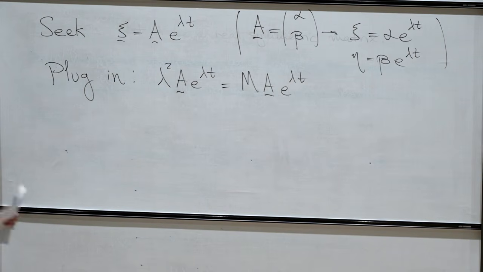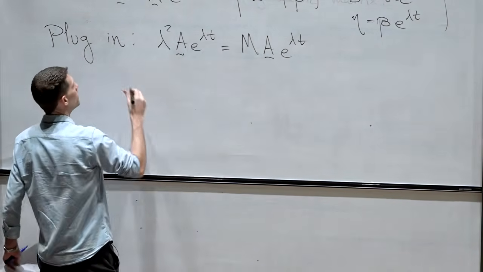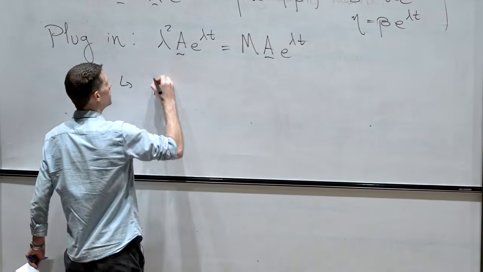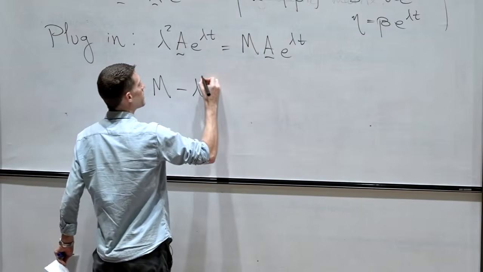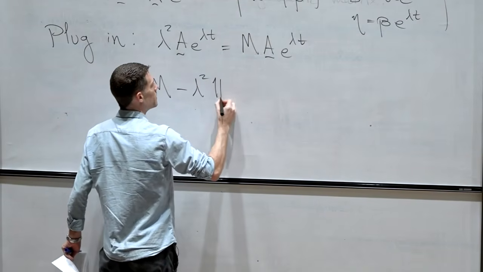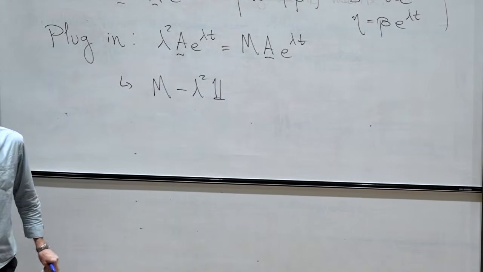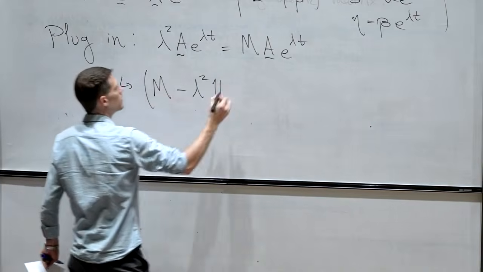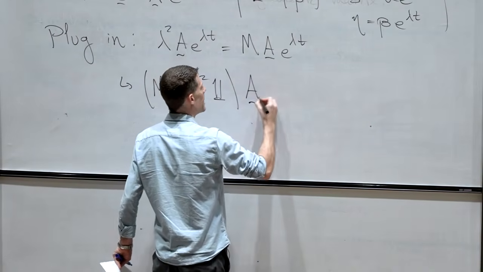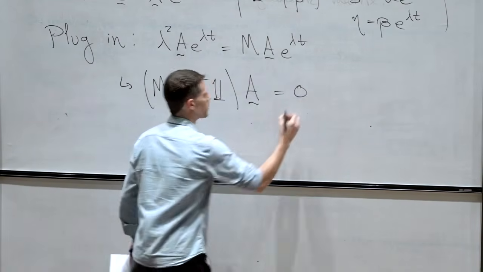Which means that I can get rid of the exponential and I can factor out the A, and I get an equation m minus lambda squared times identity matrix times A equals 0.